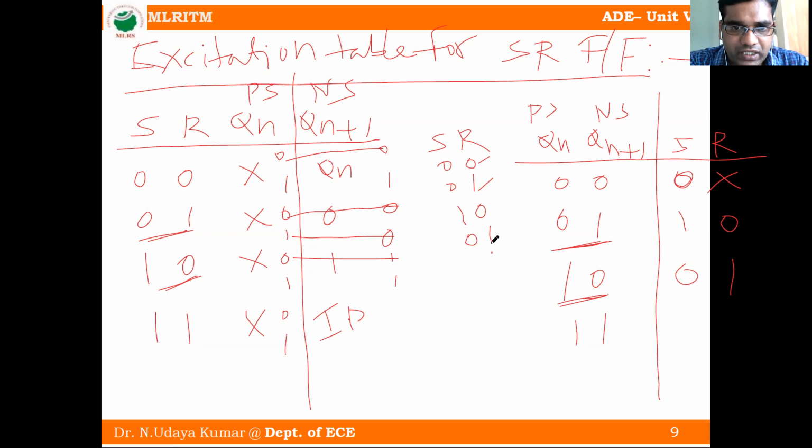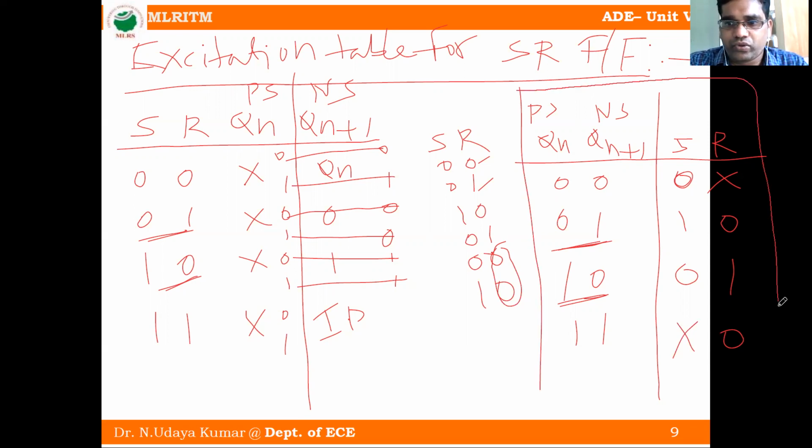How many 1 1s are there here? Here 1 1, and here 1 1, two 1 1s. So the first 1 1 is 0 0, and the second 1 1 is 1 0. That means this is mandatory. For 0 0, R is mandatory, so R is equal to 0. It is a mandatory input, and S is 0 or 1, so we put it as don't care. So this is the excitation table for the SR flip-flop.